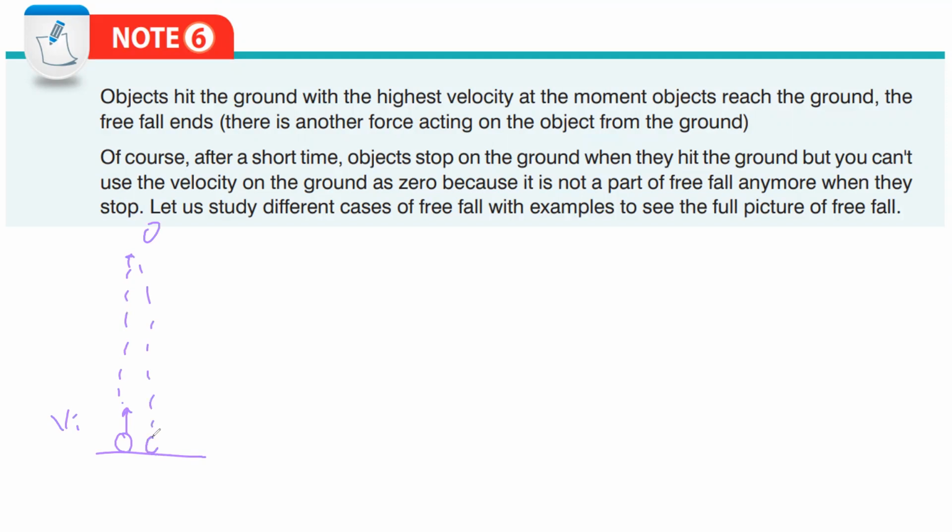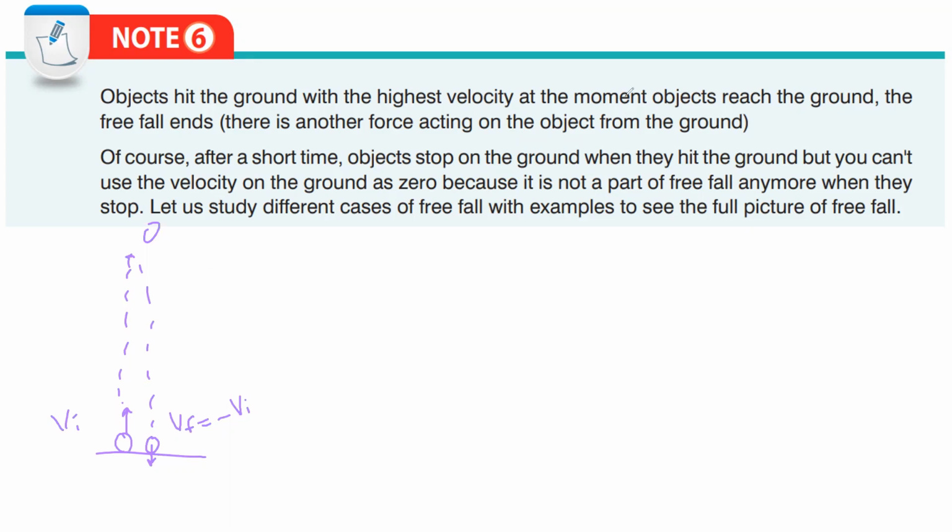So when it's coming back, at this position before touching the ground, V final equals negative V initial. It means just the opposite direction of the first one, but the same magnitude. If it's going up with 10 meters per second, coming down it is negative 10 meters per second. Only the direction is different, but they have the same magnitude. And then at the highest point we have the same 0.